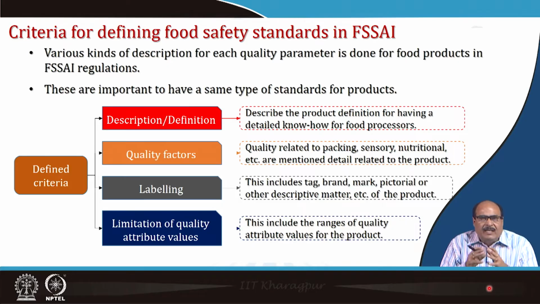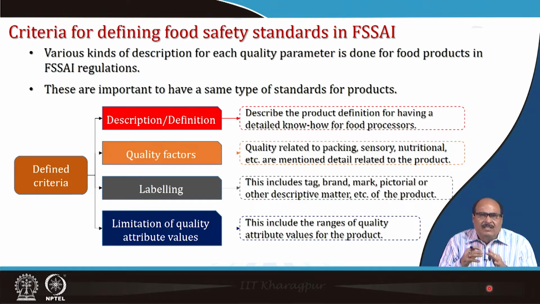There are various kinds of descriptions of each quality parameter which are taken into consideration in the FSSAI regulations. These are important to have the same type of standard for a product. The defined criteria for the safety or quality standards include the description or definition of the product.